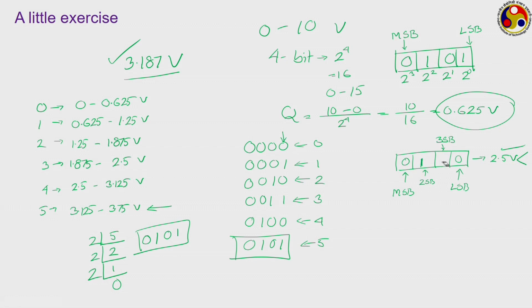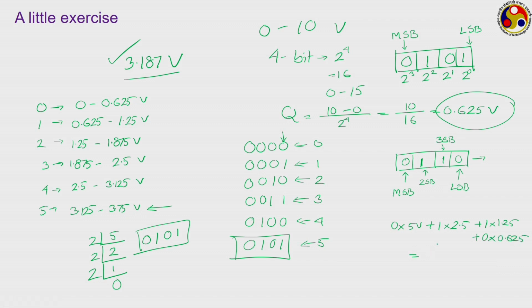Now, we move to the third one and the register sets this to 1. Now, what should be your output value? Your output is, for the most significant bit it is 0 into 5 volt, plus now the second one is finalized to 1, so into 2.5, plus the 1 in the third which we have just set, into 1.25, plus the last one 0.625.